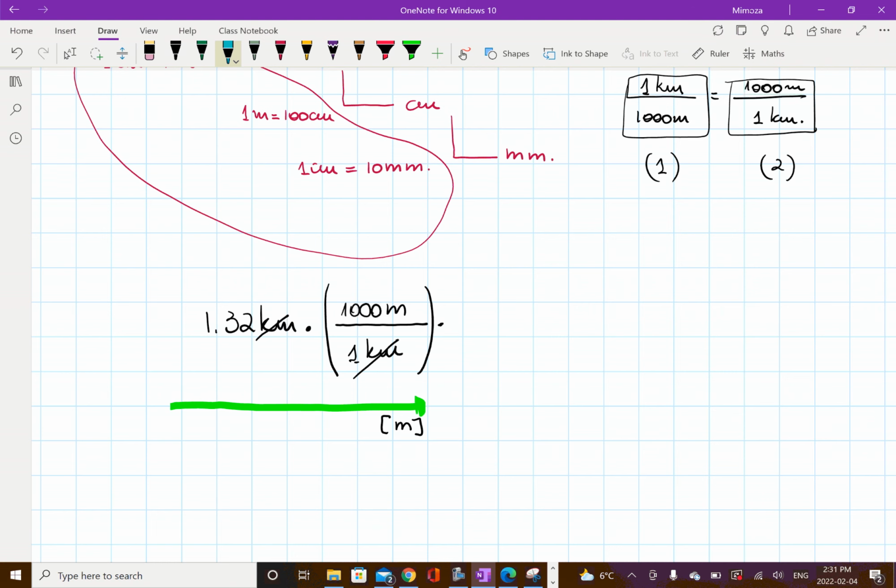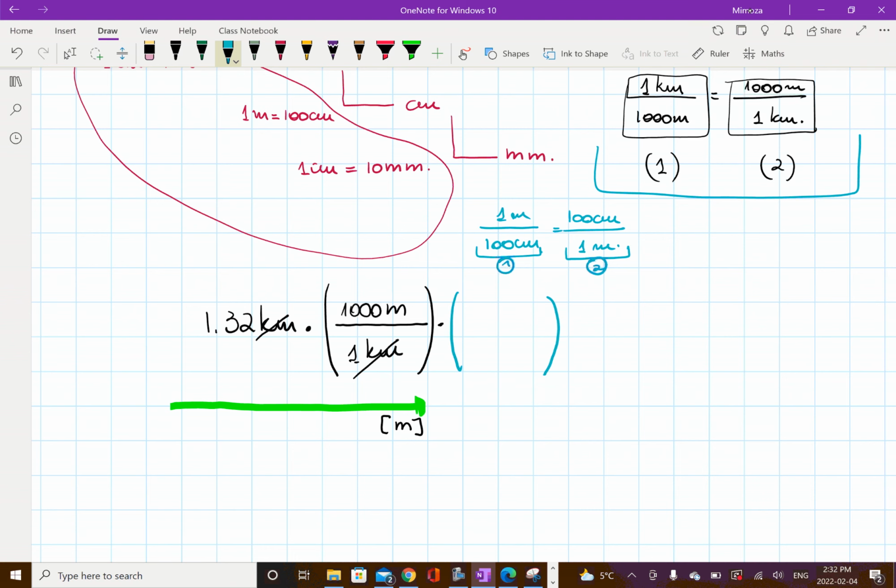The ratio of 1 for the centimeters is 1 meter has 100 centimeters, or if we have 100 centimeters, then we have 1 meter. Again, we have ratio 1 and ratio 2. The ratio that we have to multiply by has to have the unit that we want to cancel, meter in our case, in the opposite place from where that unit is.